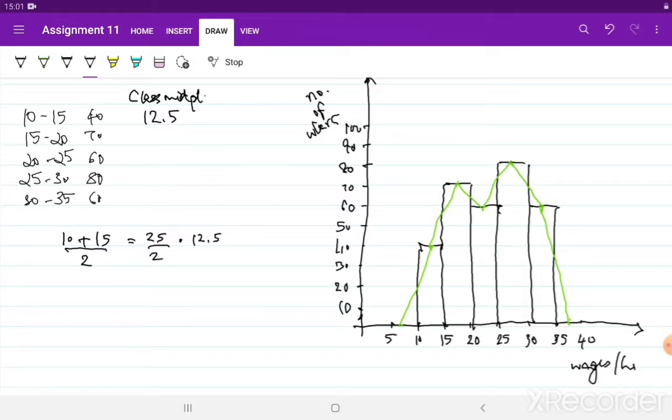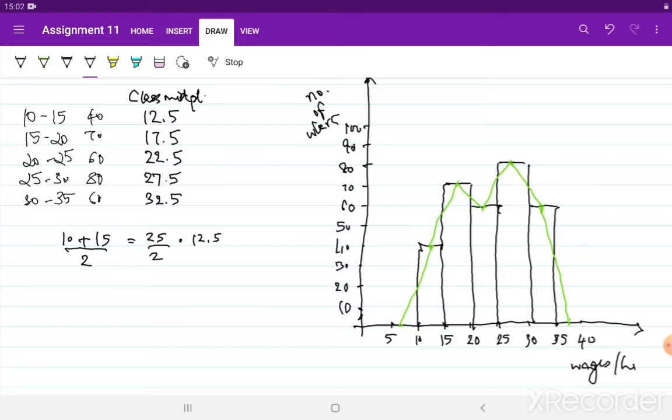And the next class midpoint, you can either use the same formula or just keep adding the class width, which is 5. So 12.5 plus 5 is 17.5, plus 5 is 22.5, 27.5 and 32.5.